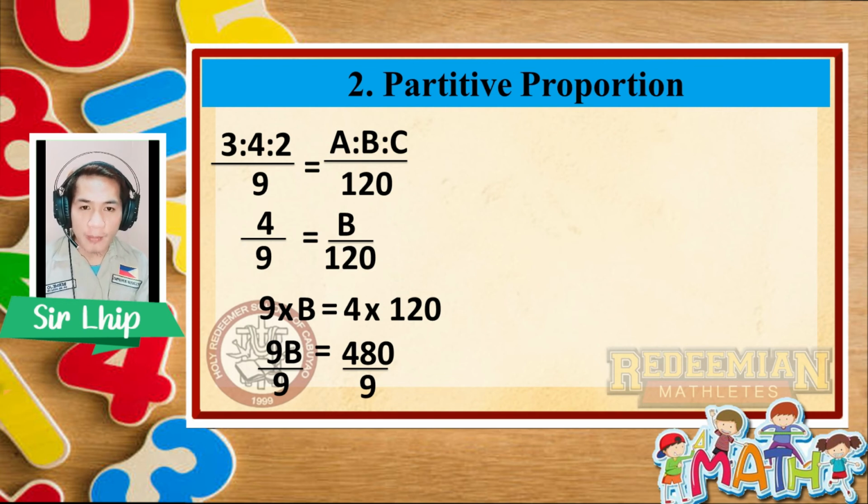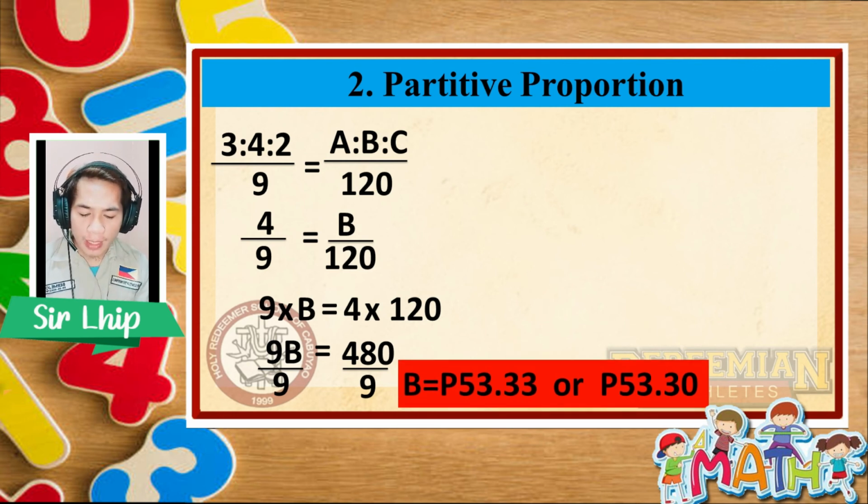So 9B divided by 9 equals B. Then 480 over 9 equals 53.33. So the contribution of child B is 53 pesos and 33 centavos, or 53 pesos and 30 centavos.